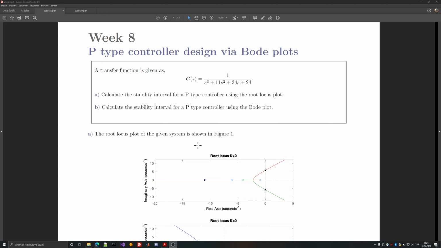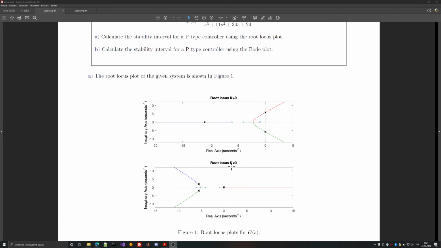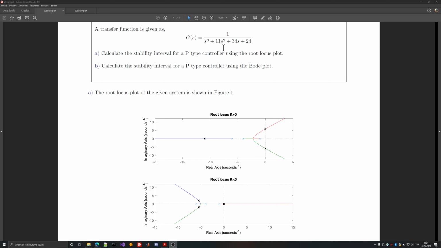Now the root locus plot is given here. This is the positive root locus of the system. Since this is a third order system, you can see that we have 3 poles, and it seems that all the poles are on the real axis, and they coincide here and move so that they will approach the asymptotes here, and the other one is here, because there are 3 poles, no zeros.